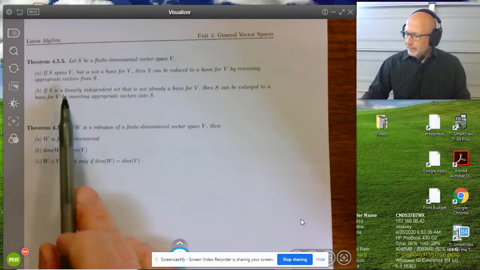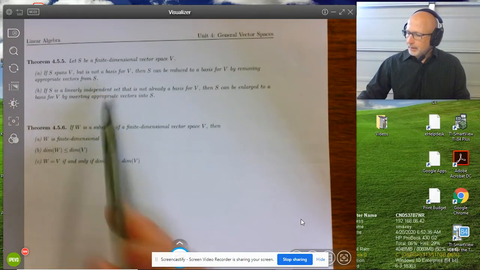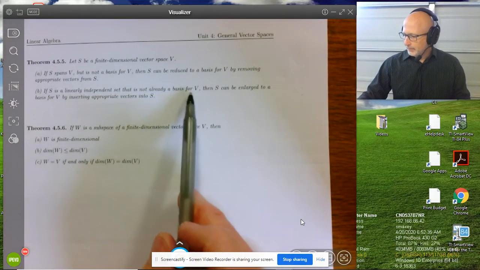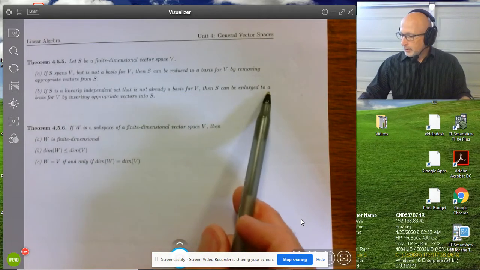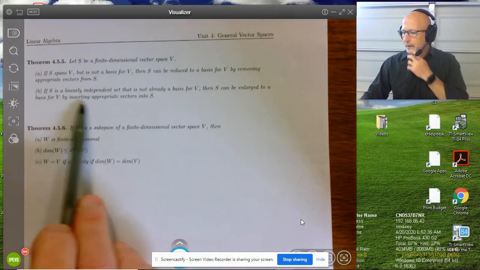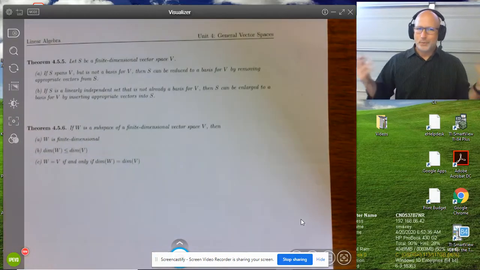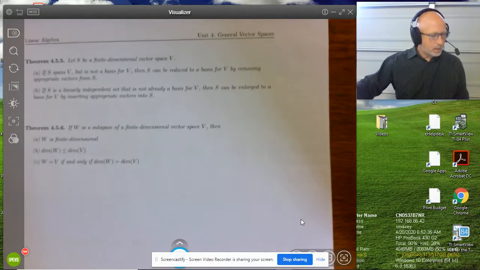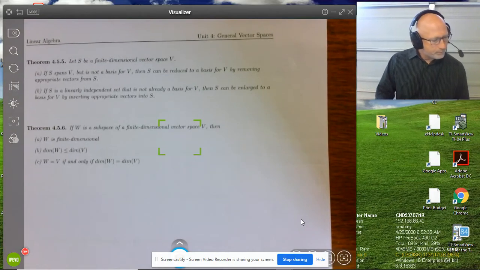Okay, B, if S is a linearly independent set that is not already a basis of V, then S can be enlarged to a basis for V by inserting appropriate vectors into S. Once again, kind of just a restatement of what we've been dealing with. And then the last one, theorem 4.5.6.